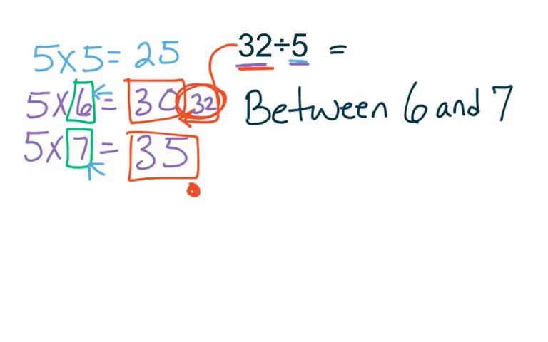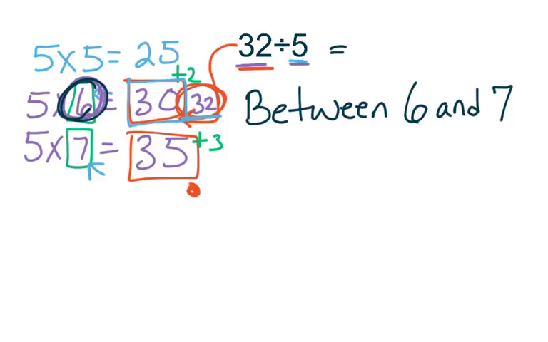So I could use a number line to help me, or I can just think, okay, what do I have to do if I'm going from 30 to 32? I need to add 2. What do I need to do if I'm going from 32 to 35? I need to add 3, which means that 30 is closer to 32 than 35 is, which also means that my quotient of 6 here is going to be closer to my actual quotient.